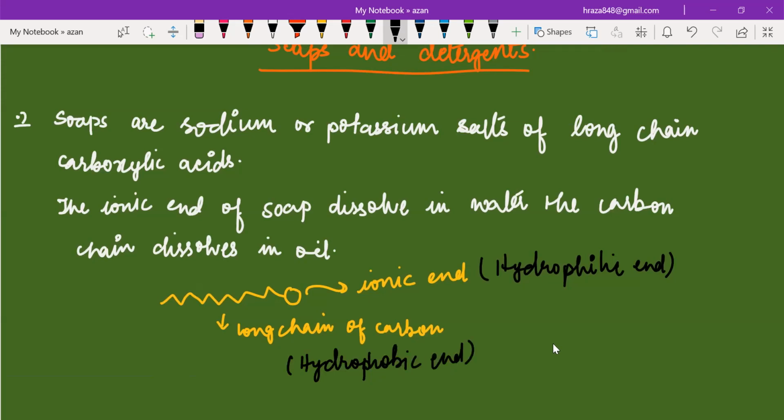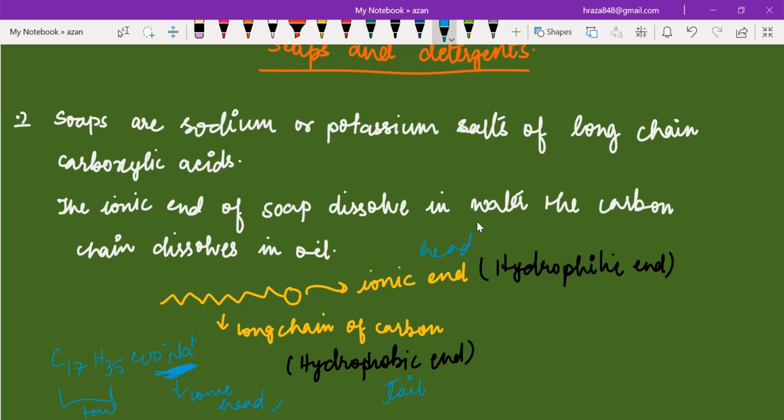If you see an example of a salt, that is C17H35COO negative Na plus. This will be the ionic, hydrophilic part, the head, and this will be your tail. Are you getting my point?